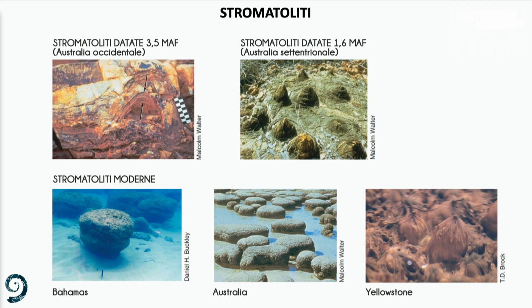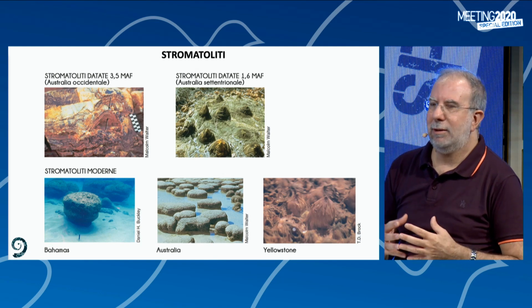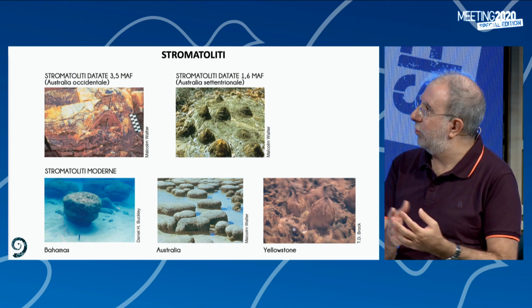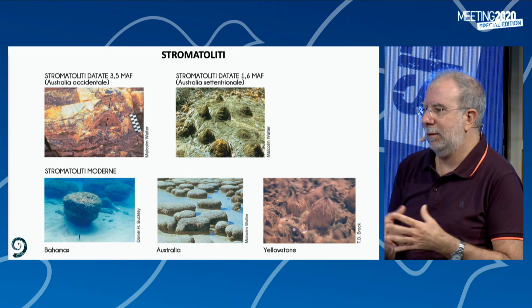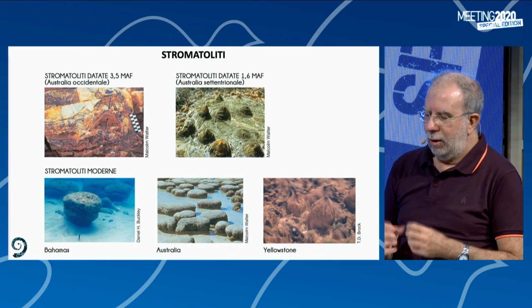On the bottom side of the slide, you can see the stromatolites in the Bahamas, in Australia, and in the Yellowstone National Park. And surprisingly enough, the living beings existing 3.5 billion years ago are also present today.